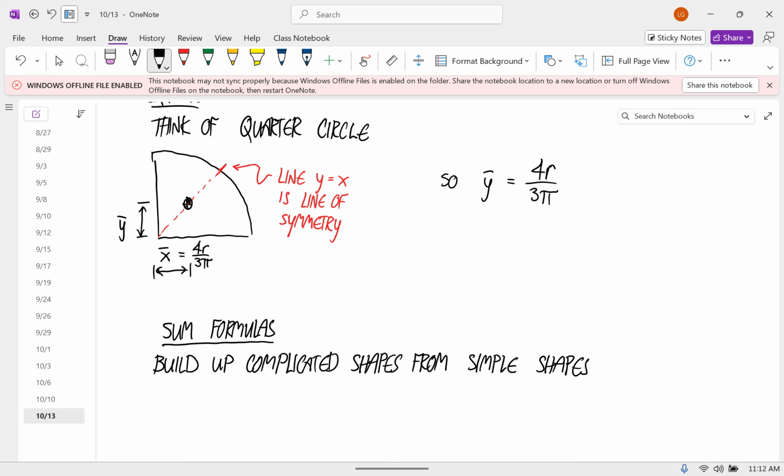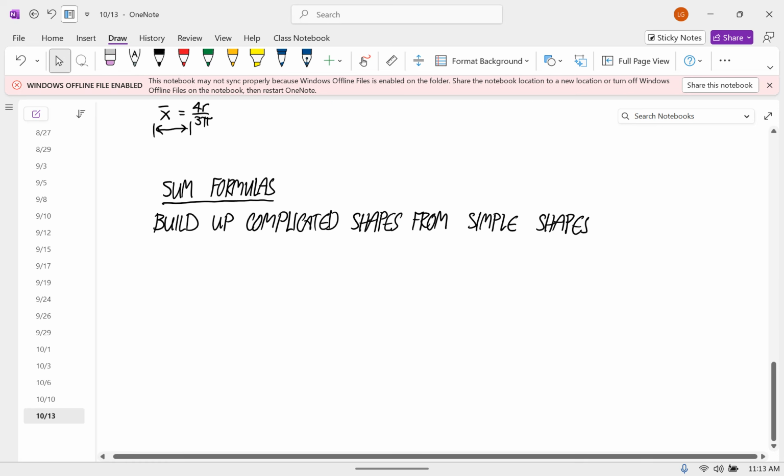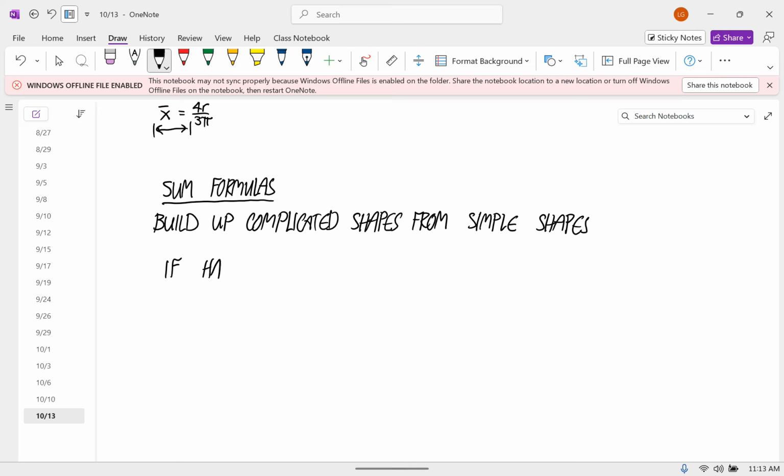Say that you have a body that can be decomposed into n shapes.